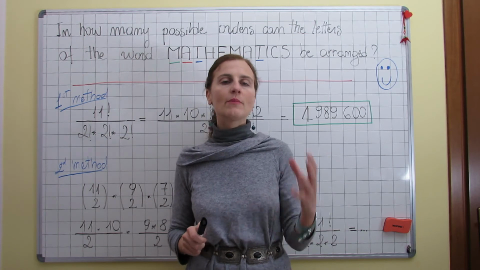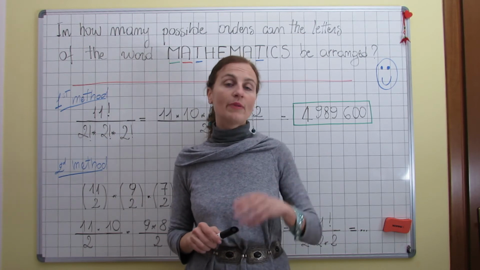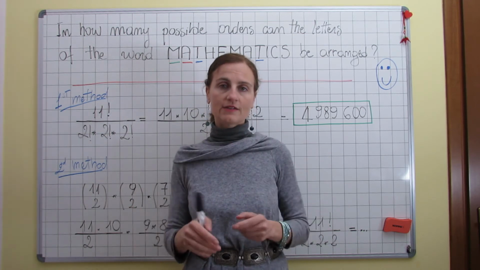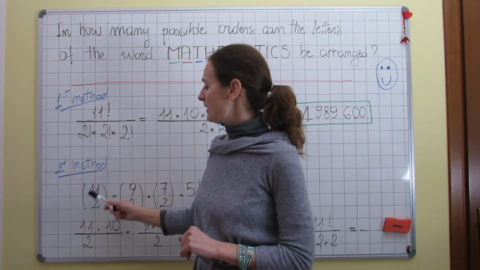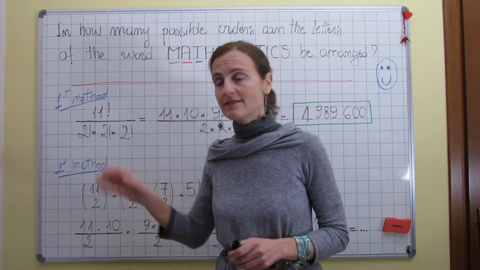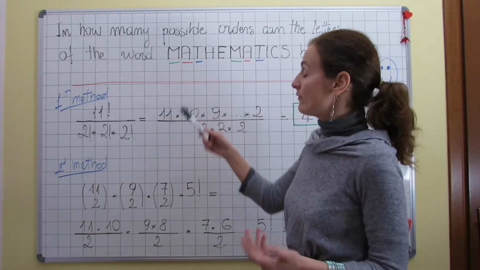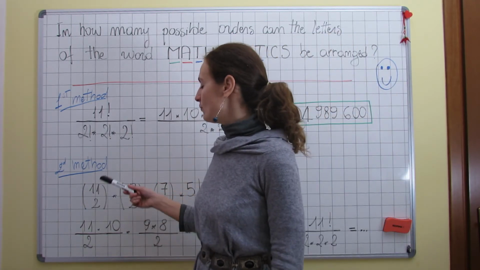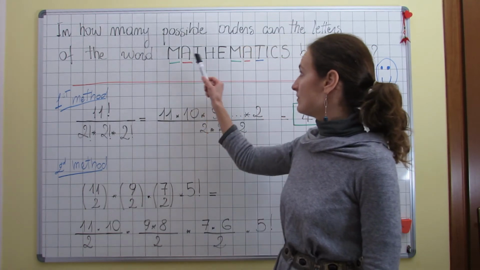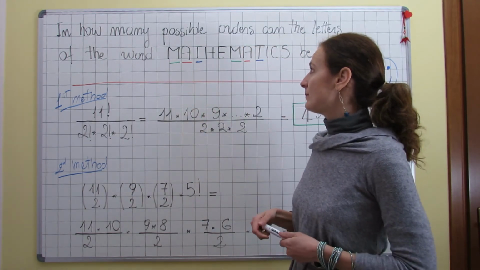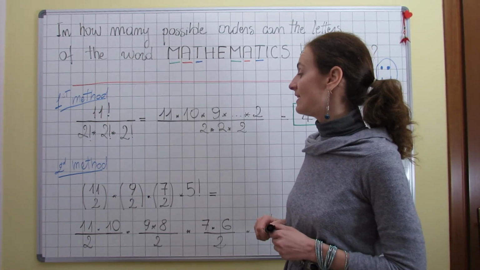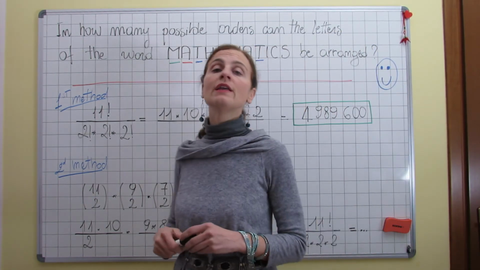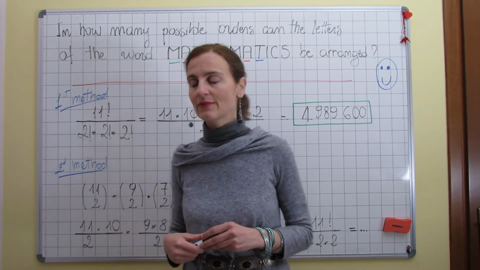So the number of pairs in a set of 11 elements. Okay? But now that you have counted the ways of placing the two M's, there are 9 blanks left. So you have to fill in 9 blanks yet.